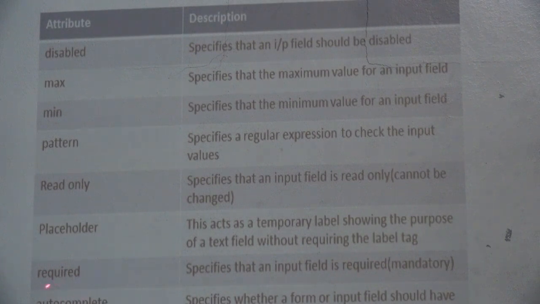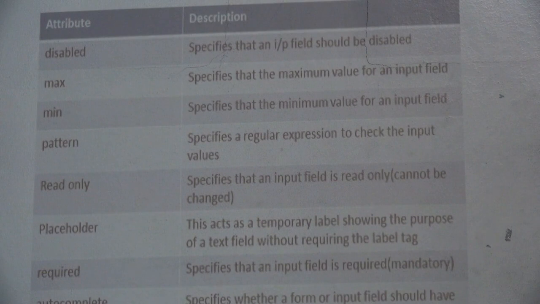Then the next attribute is autocomplete, where auto means automatically. It specifies whether a form or input field should have autocomplete. It is given in the form on or off. We can set this toggle as on or off. If we want it completed automatically, set it on, and if we don't, set it off.